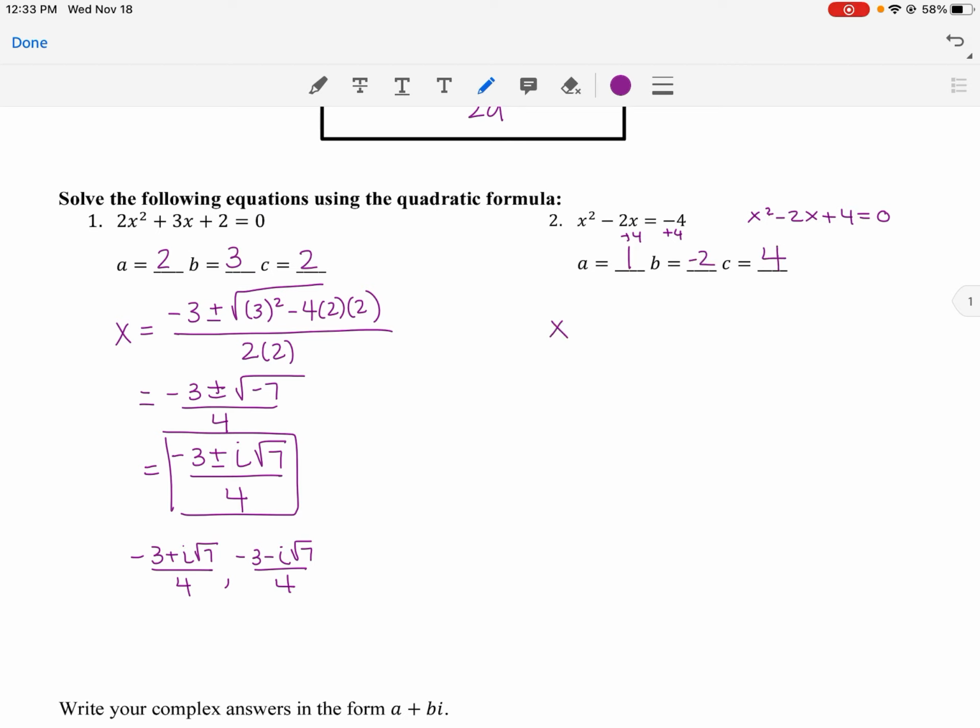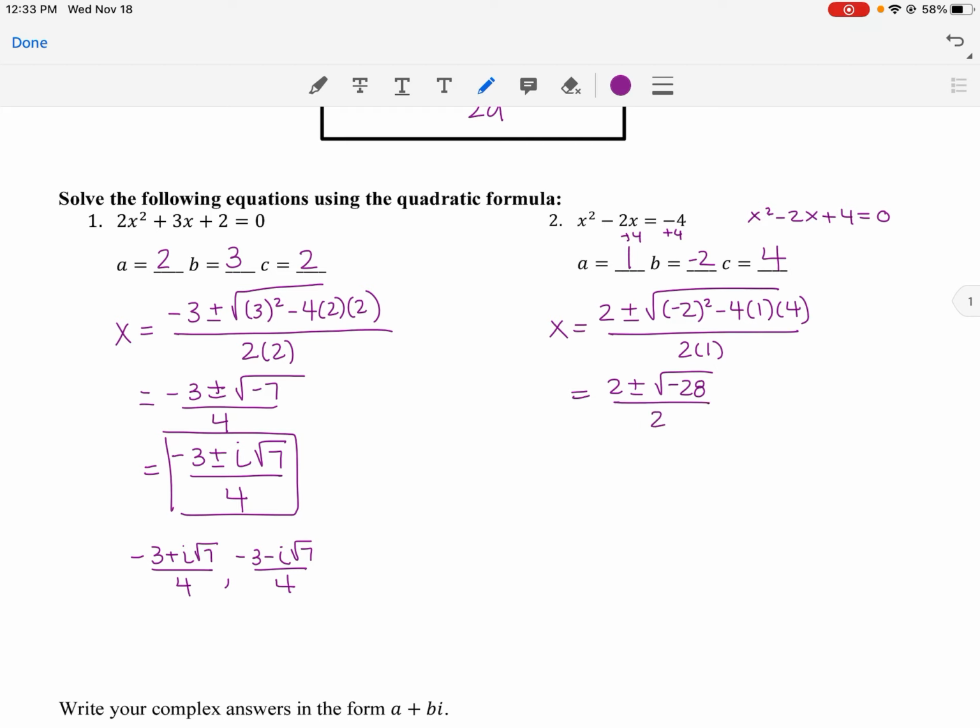Okay, so x equals -b, so it will be a positive 2 plus or minus the square root of -2 squared minus 4 times 1 times 4 all over 2 times 1. So we have 2 plus or minus the square root. Type in that -2 squared minus 4 times 1 times 4. I have the square root of -28 all over 2.